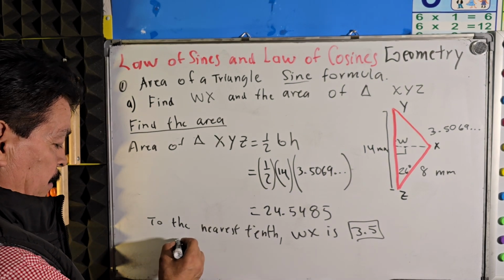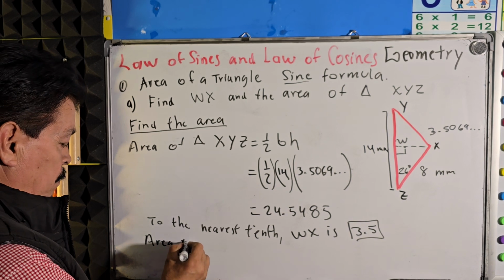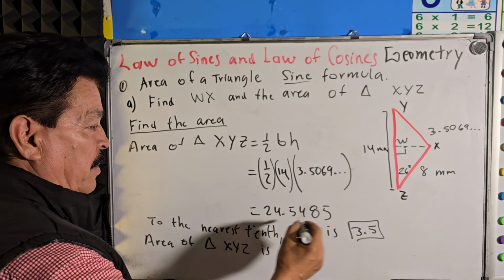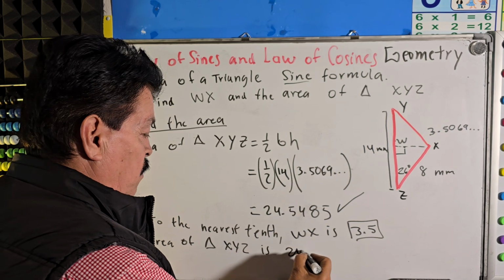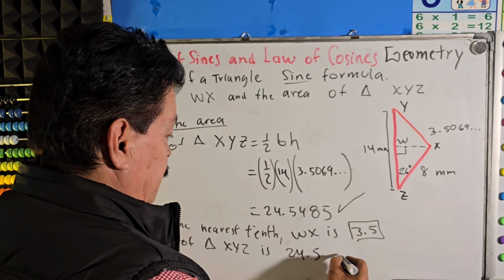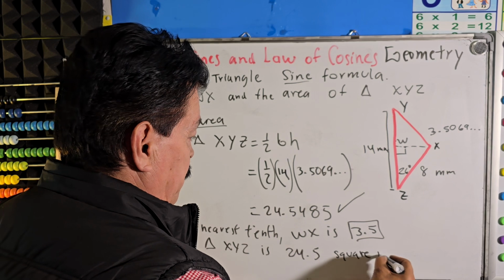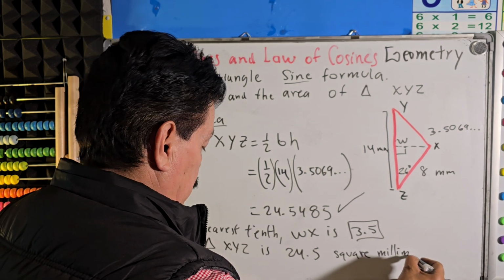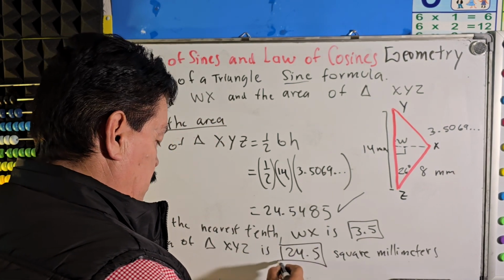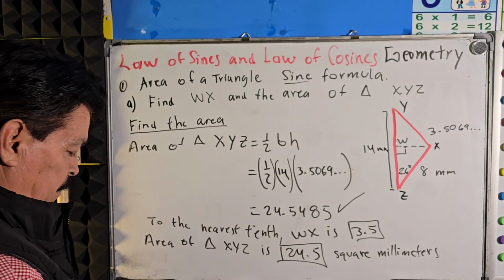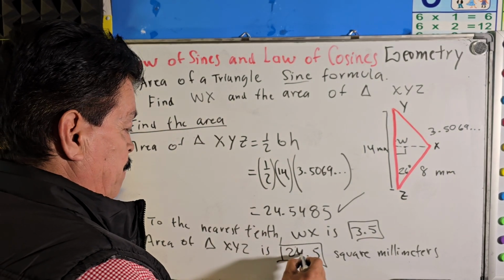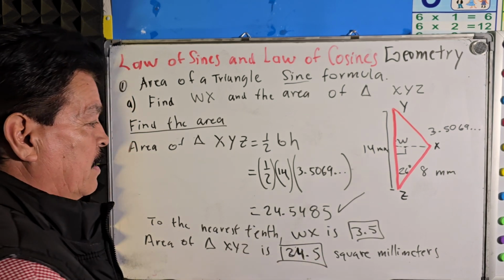And then the area of XYZ, the answer right here, is 24.5 square. So this is our answer, right?